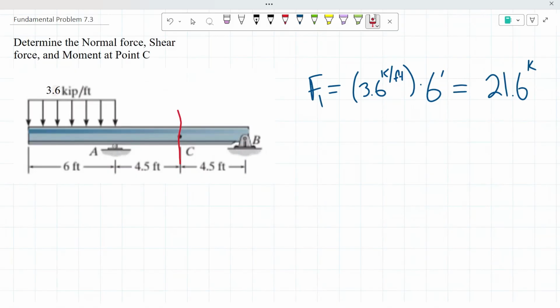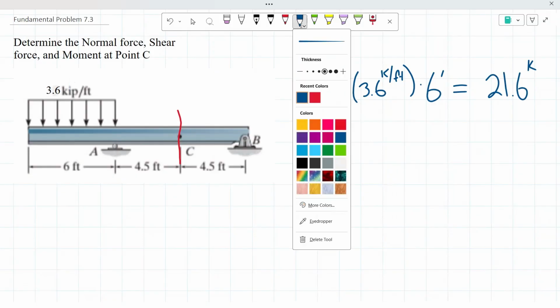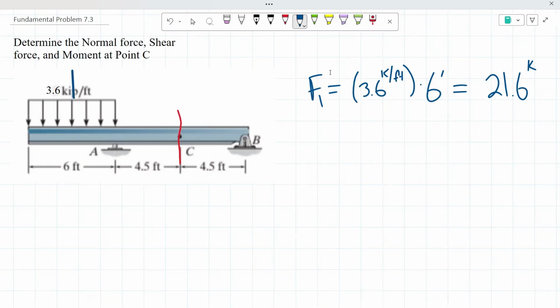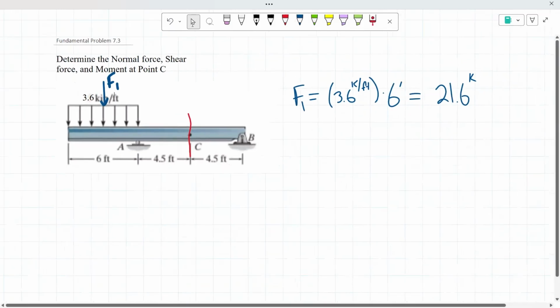So it would be 3 feet from the roller support, and from the end of the beam, it's 3 feet in. So right here at the 3 feet mark is where we find our F1.